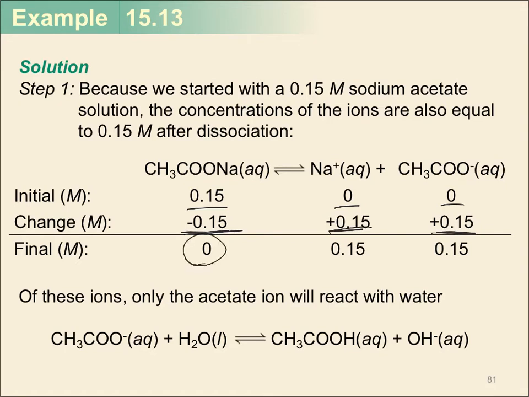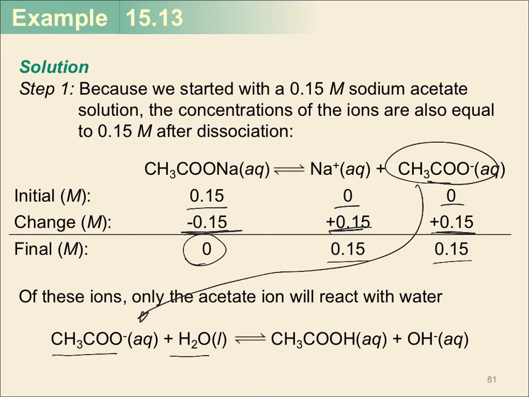So the initial concentration of 0.15 is now a final concentration of 0. And the initial concentrations of 0 are now 0.15. Now, this reacts with water. Okay? The acetate ion reacts with water to form acetic acid and hydroxide ion. That is why this is a basic salt.